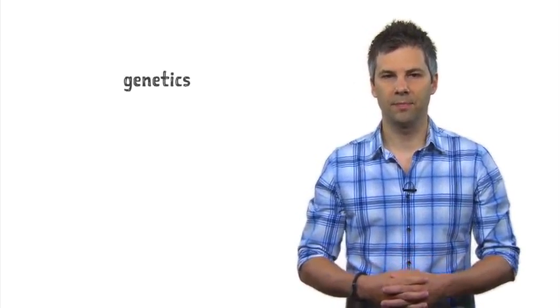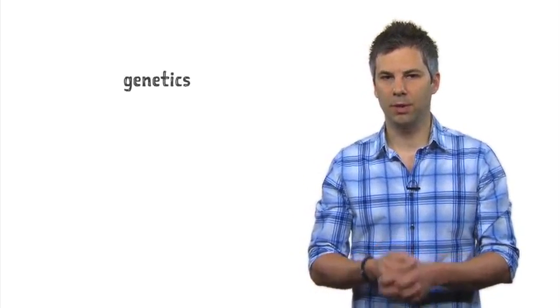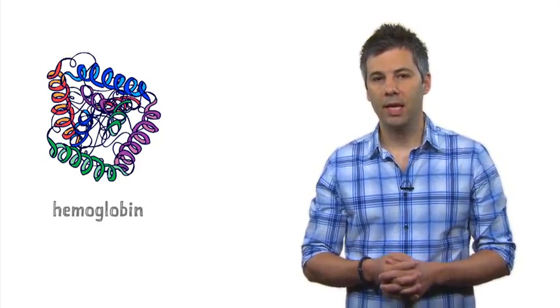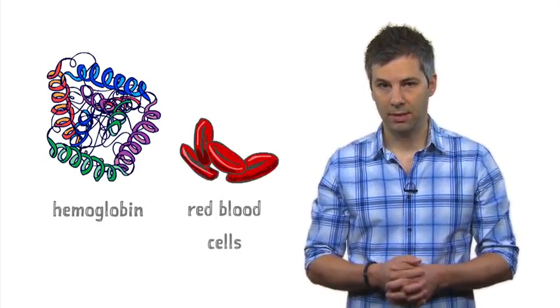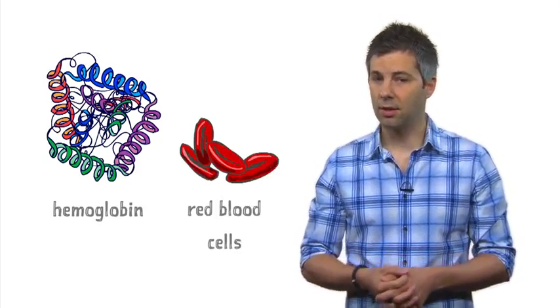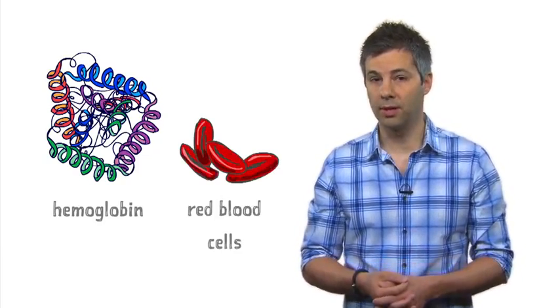The first factor I'd like to talk about is genetics. Probably the textbook example is a gene that codes for a part of a protein called hemoglobin. Hemoglobin is found in red blood cells where it carries oxygen from the lung to tissues and organs.